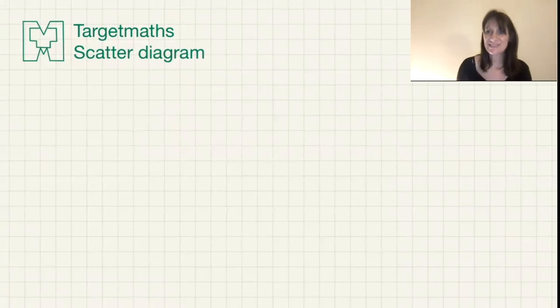Okay, so we're going to move into scatter diagrams. Now, scatter diagrams are actually quite special. They are the only graph that will actually look at two pieces of data at the same time.